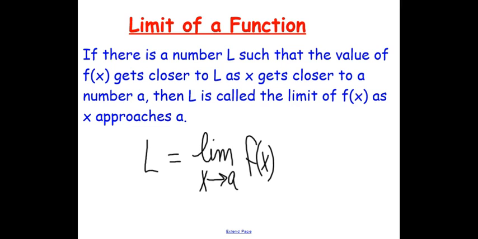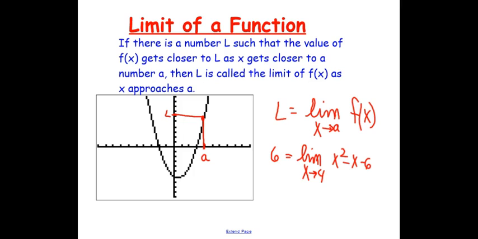The notation looks like this. So that whole blue sentence looks like that in math. That's the equivalent mathematical sentence to that blue English sentence. So the problem we just did would look like this. The limit as x approaches 4 of x squared minus x minus 6 is 6. Sorry, that's the first one we did.